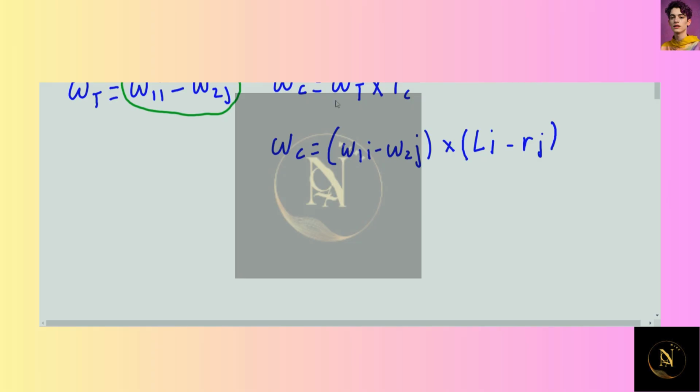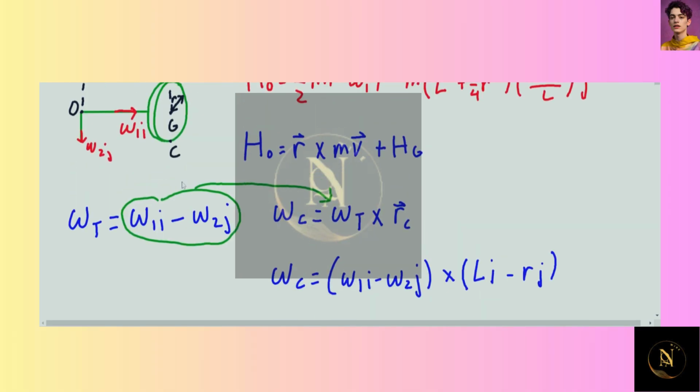We can now compute this cross product here. After computing the cross product, we'll get a value of omega c that's equal to (L omega 2 minus omega 1 R) k. And we know that the angular velocity at this point C is 0.